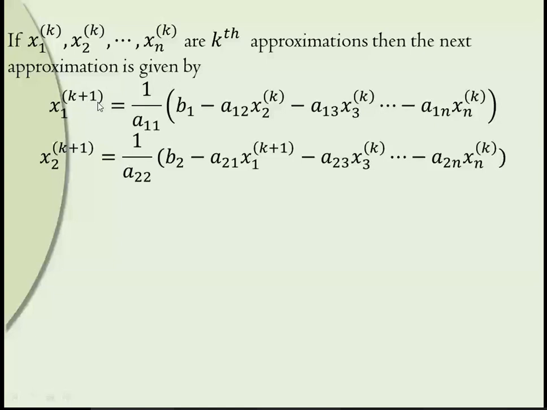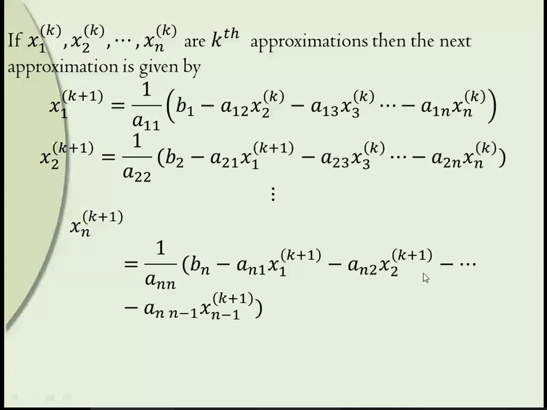But for finding x2, the second equation, we use this new value and the rest of the terms from this. Then for the next, we use all these new values, the k plus 1th values. So in the next equation, we use new values.